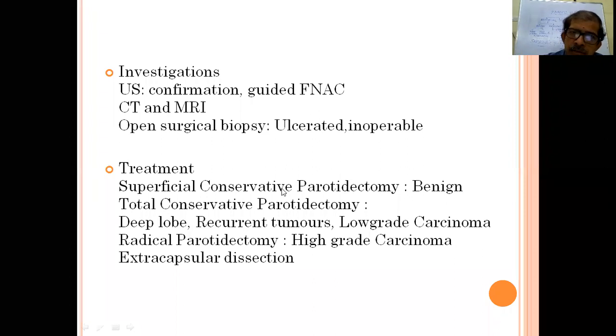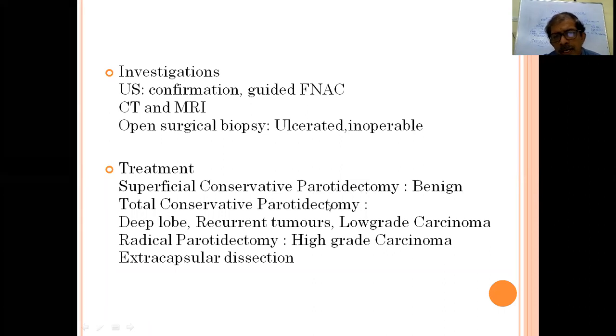So you will dissect the facial nerve away from the tumor, and you don't remove or injure the facial nerve. Parotidectomy is self-explanatory, removing the parotid gland.